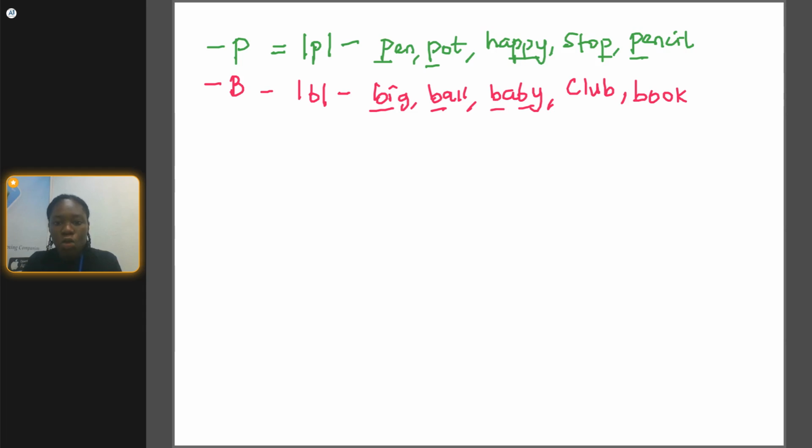We have 2 B sounds in baby: the first B in the first syllable, then the second one at the start of the second syllable. Then we have the B sound in club, the last B in club. Then we also have it in book.